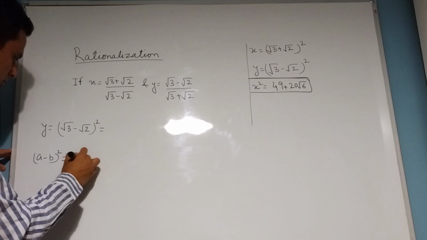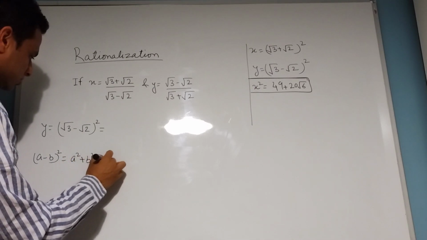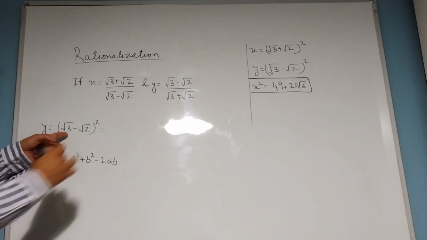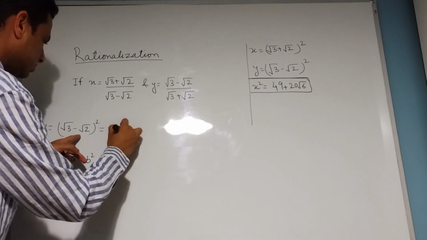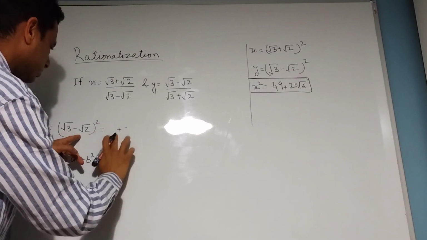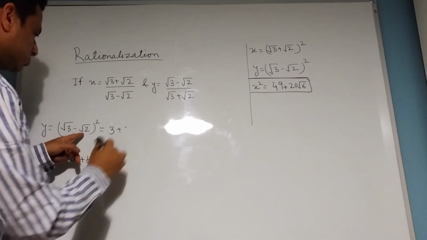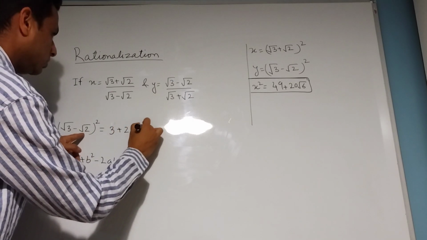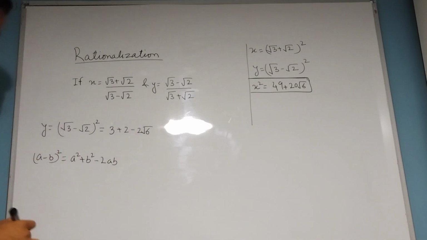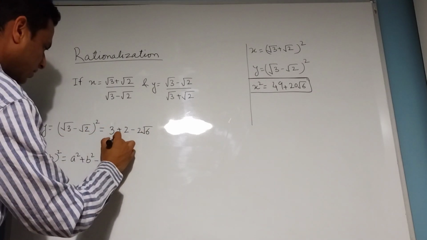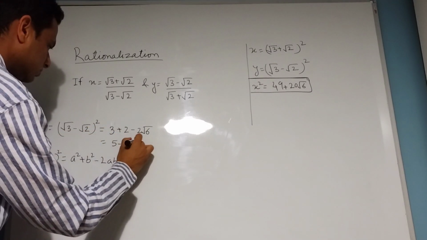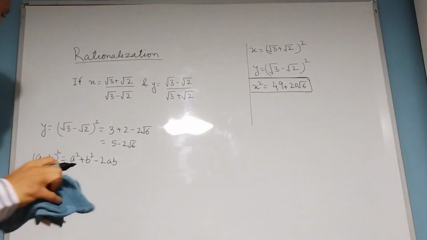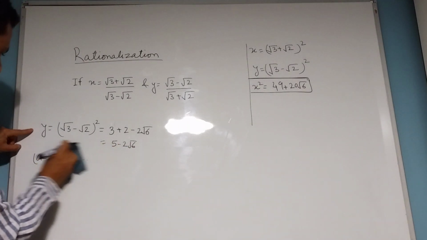It is a squared plus b squared minus 2ab. A squared plus a squared is 3 plus b squared minus 2ab, which is nothing but 5 minus 2 root 6. So this is our y.